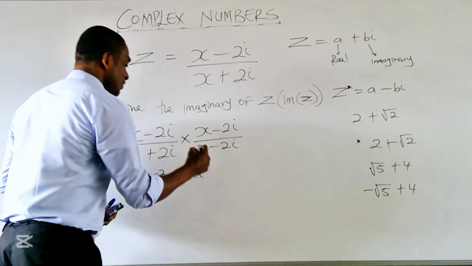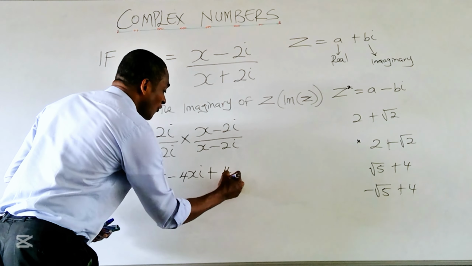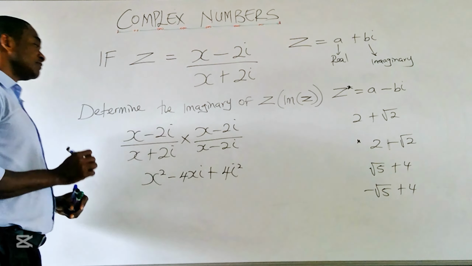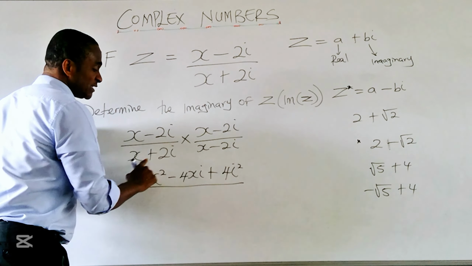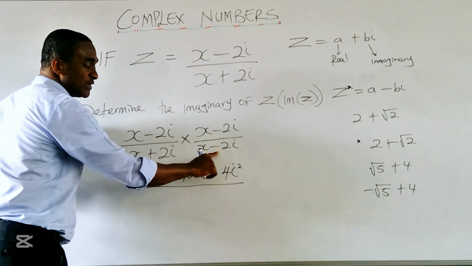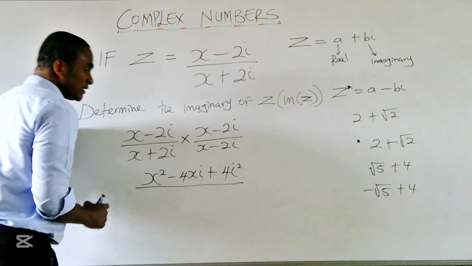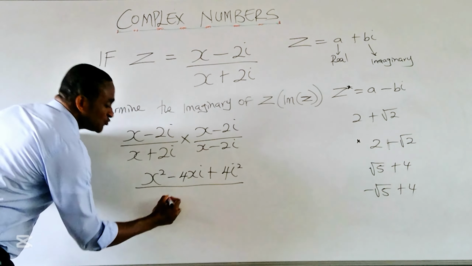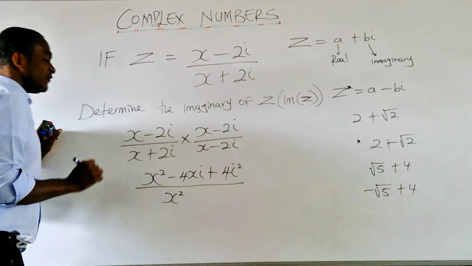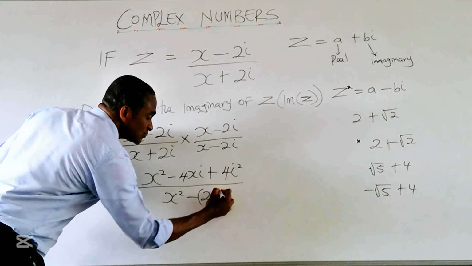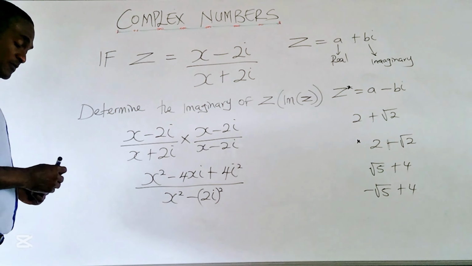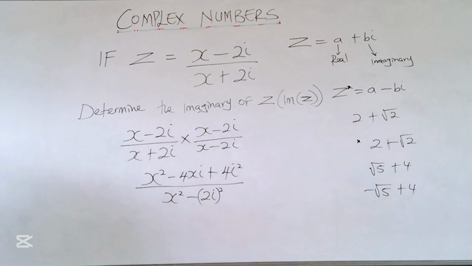Then we have plus 4i squared. All divided by what we have in the denominator, the difference of two squares. It is the same, but with the sign changed. So if we simplify, we have x squared minus 2i all squared.